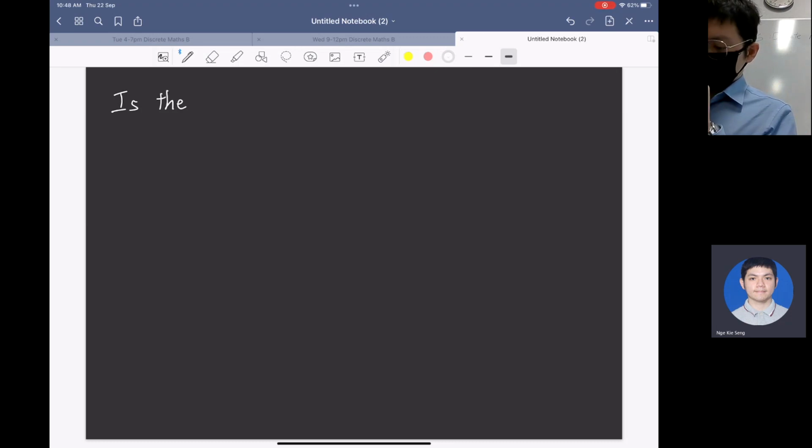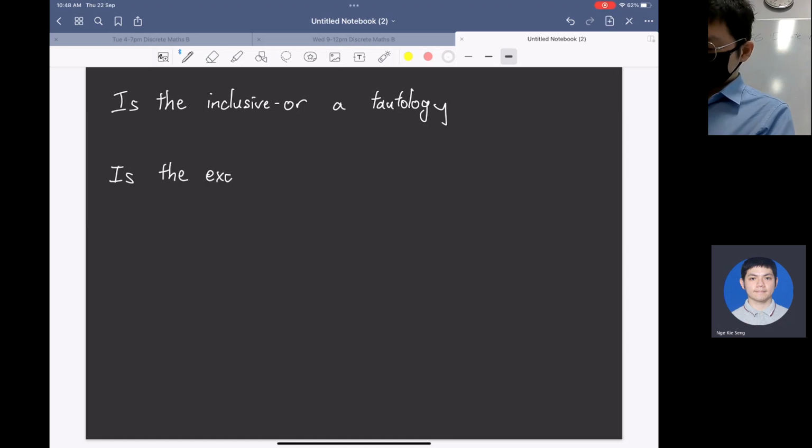So is the inclusive or tautology, or not all, and is the exclusive or, or conjunction?